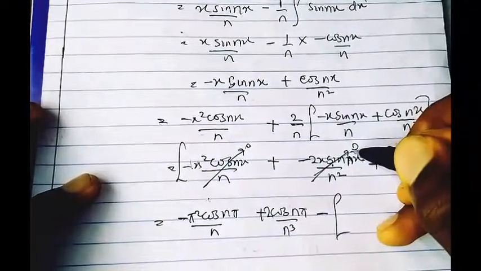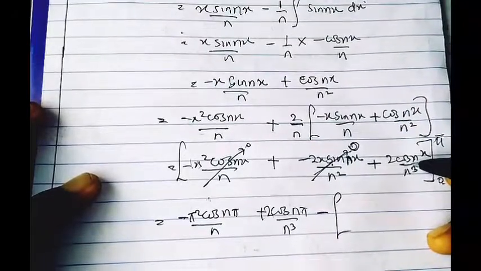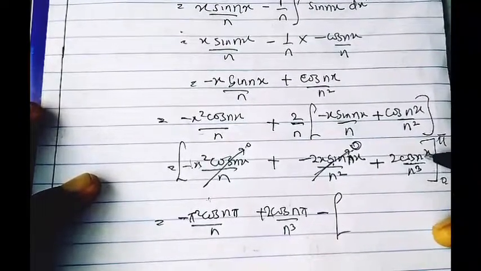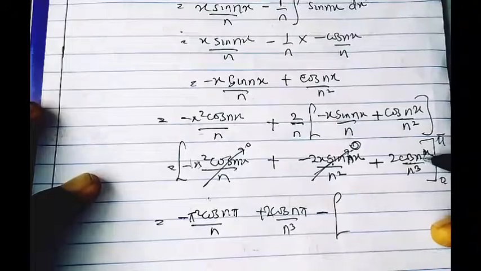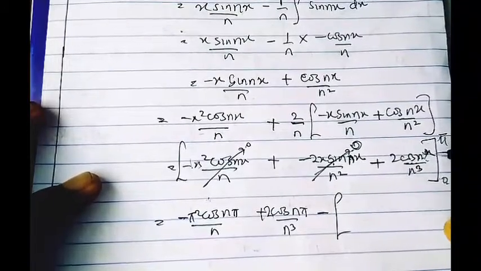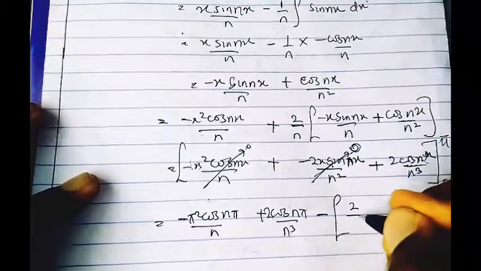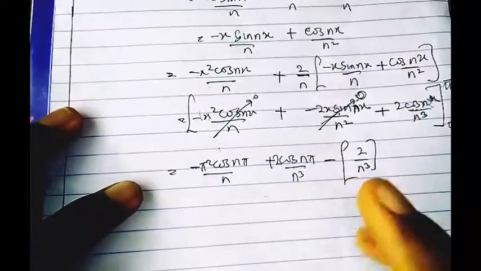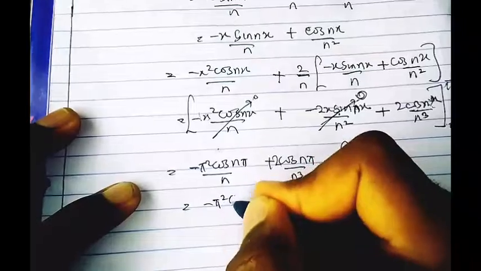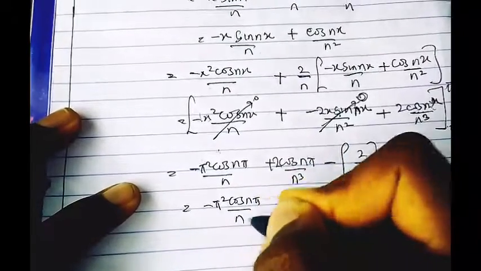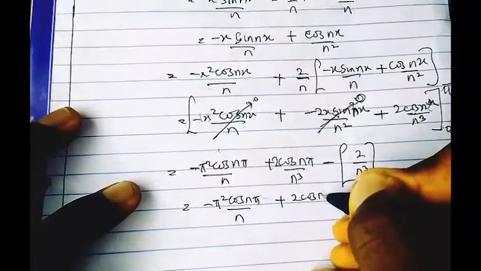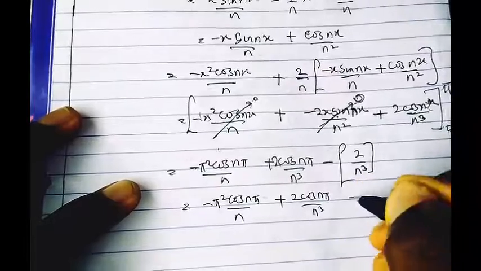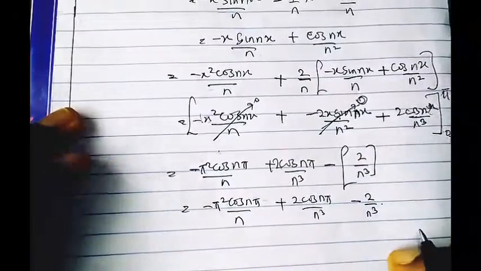The same thing goes for here, all this becomes 0. So I'm left with just this, which is 2 cos n times 0, because this is nx, and cos 0 is 1, so I'm left with 2 over n raised to power 3. So you can write the equation as minus pi squared cos n pi over n plus 2 cos n pi over n raised to power 3 minus 2 over n raised to power 3.